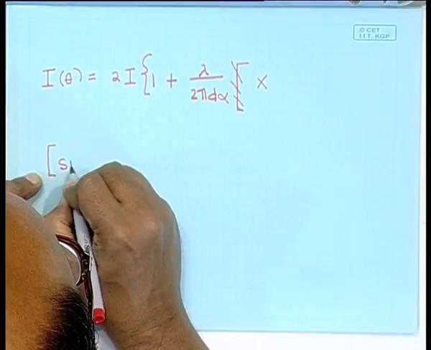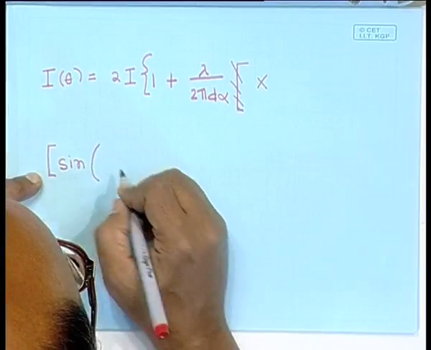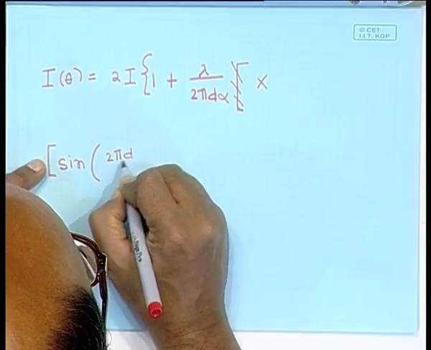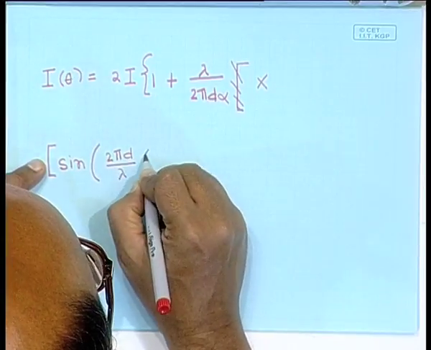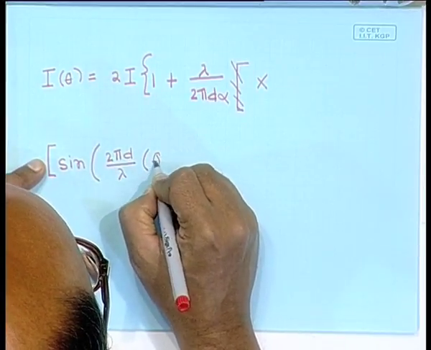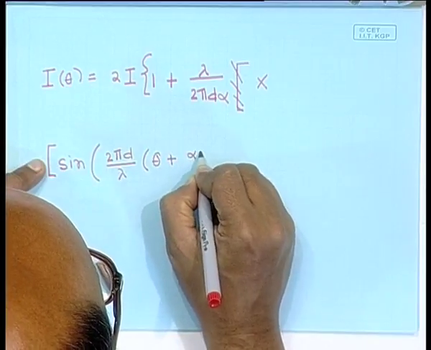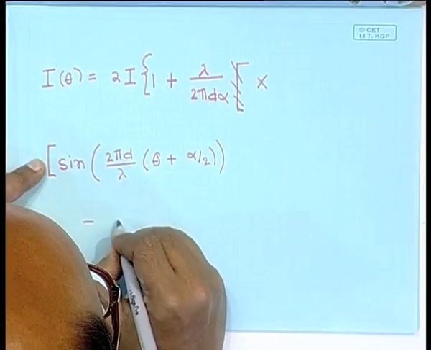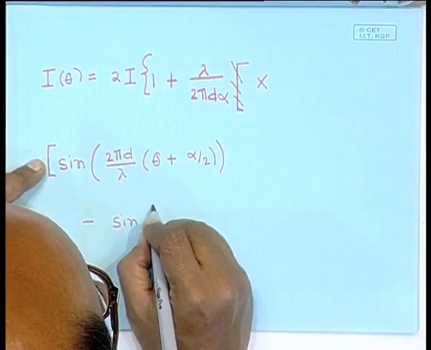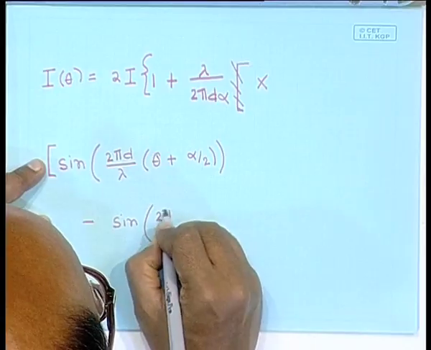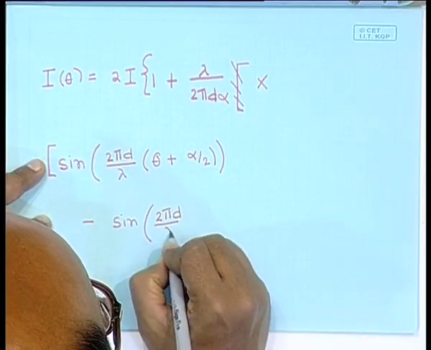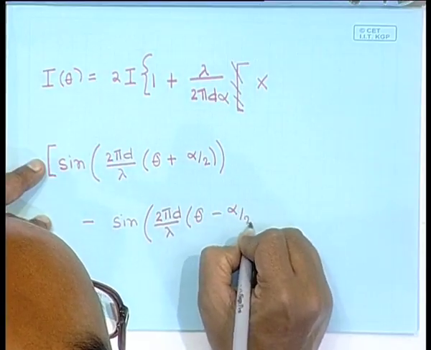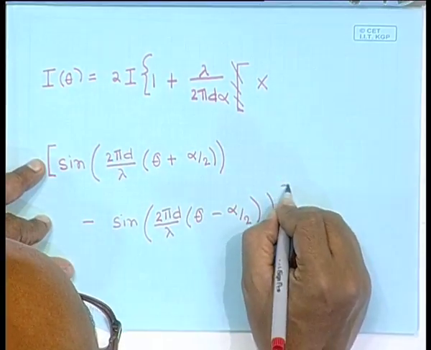There will be one term which is sine 2 pi d by lambda, and then I have theta plus alpha by 2, and I have one more term which is minus sine 2 pi d by lambda theta minus alpha by 2. These are the two limits of the integral.